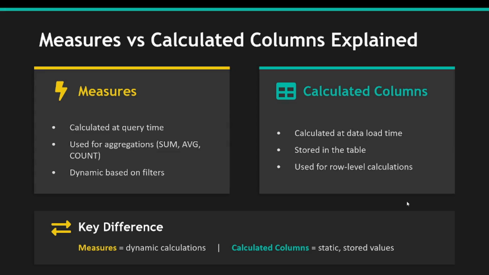The key difference to remember is this: measures are dynamic, they respond to filters and are recalculated on the fly, making them ideal for aggregations and KPIs in your visuals.